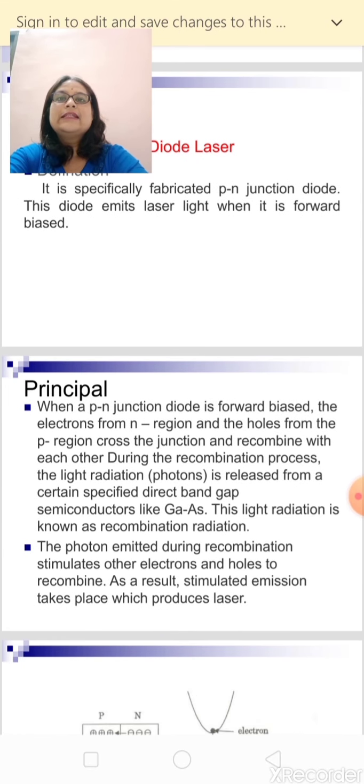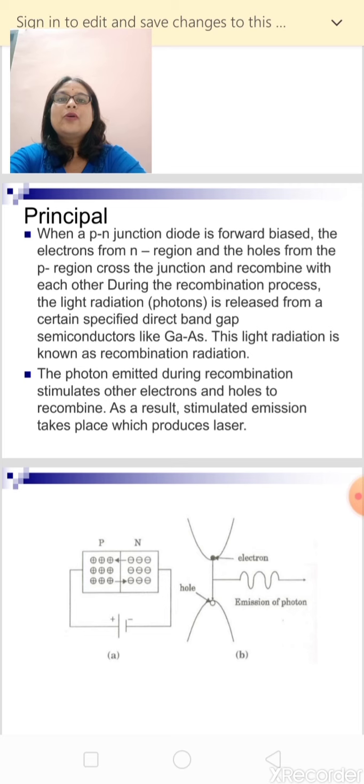This light radiation is known as recombination radiation. The photon emitted during recombination stimulates other electrons and holes to recombine. As a result, stimulated emission takes place, and that produces a laser.